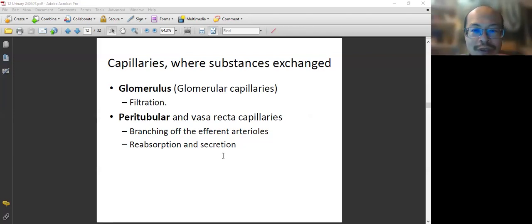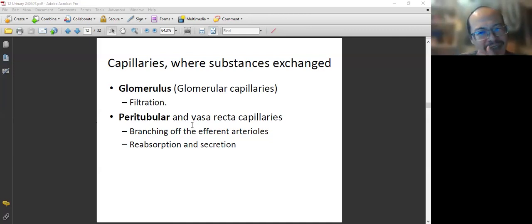One is the glomerulus, and this exchange is give and take, right? What kind of exchange do we do here? It is filtration. So basically it's only giving away. And what gets given away? Anything small. So that's filtration. And another capillary is the peritubular.